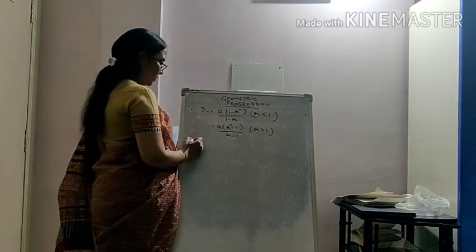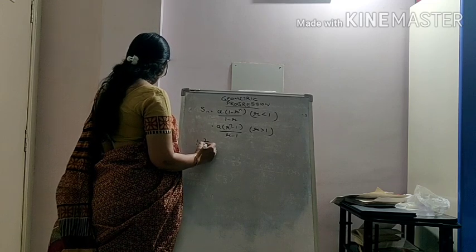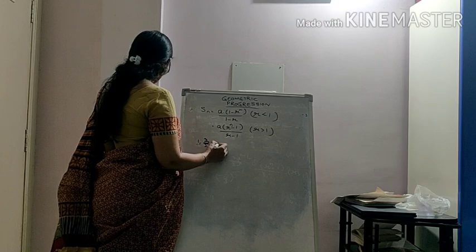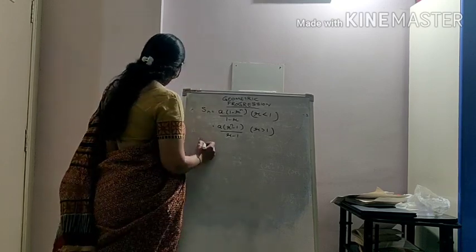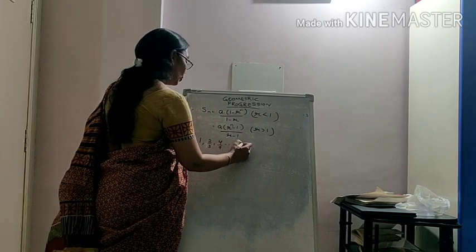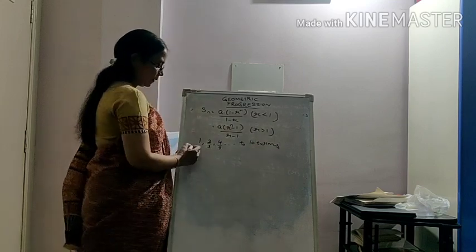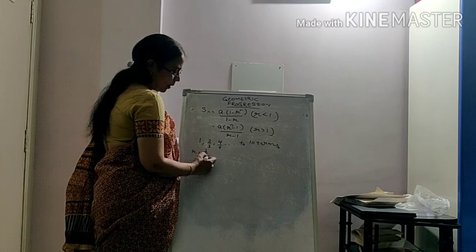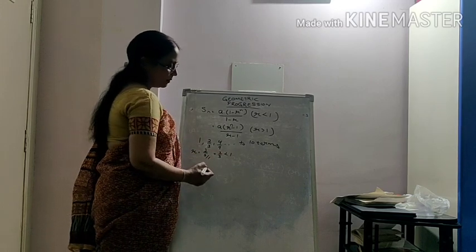Now like question 1, there are terms 1, 2 by 3, 4 by 9 and so on, to 10 terms. We have to find out the sum. Now first find out r: 2 by 3 upon 1 is equal to 2 by 3, which is less than 1.